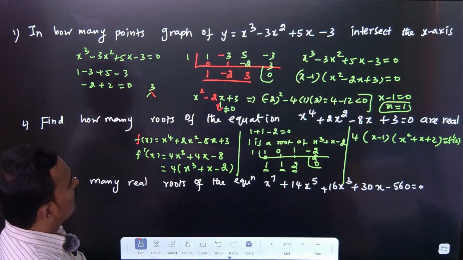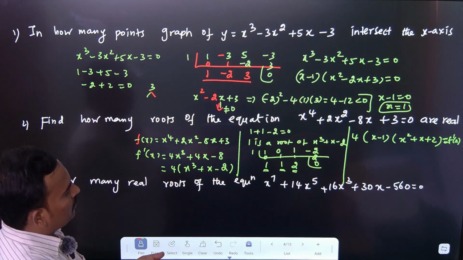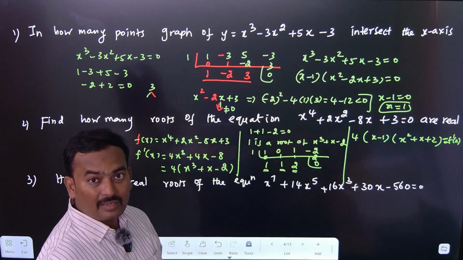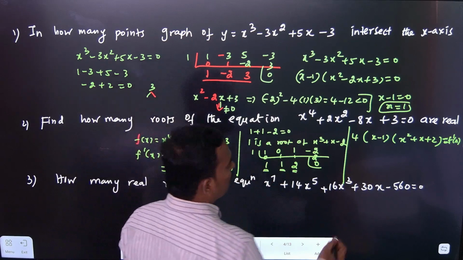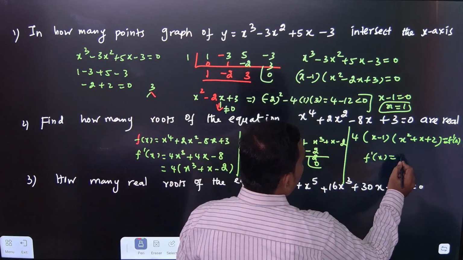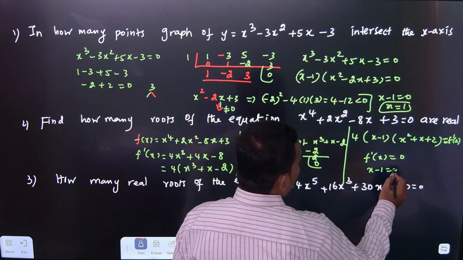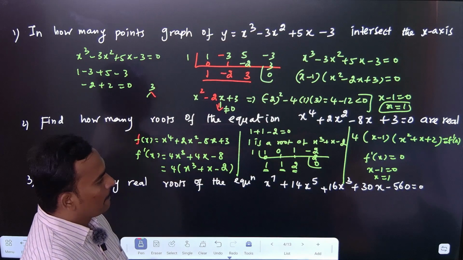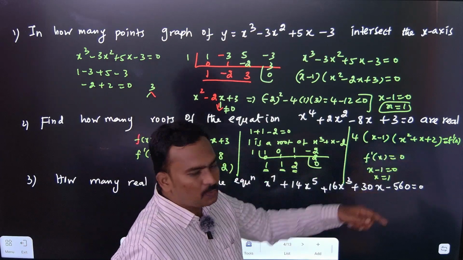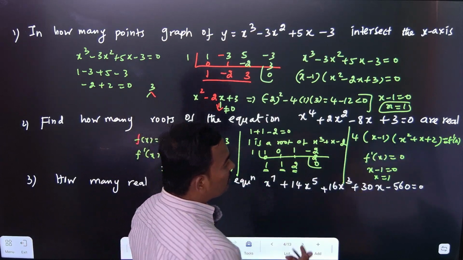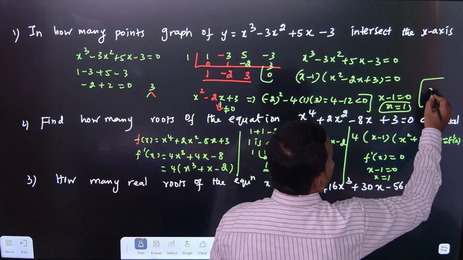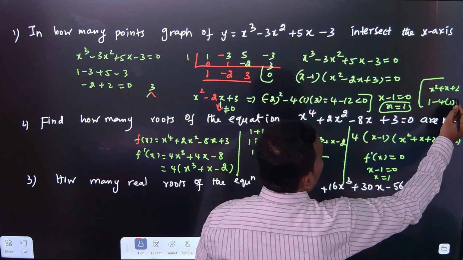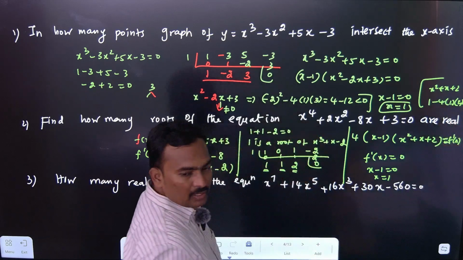Okay, if you equate to 0, how many critical points, how many turning points can you find? f dash of x equal to 0 means x minus 1 equal to 0, so x equal to 1 only is possible. But for x square plus x plus 2, you can check the discriminant: 1 minus 4 into 1 into 2 is less than 0.